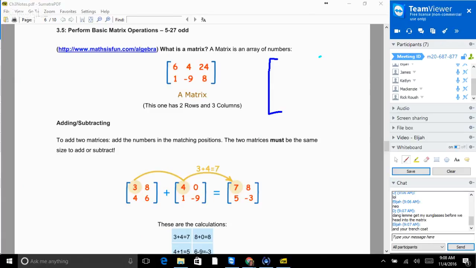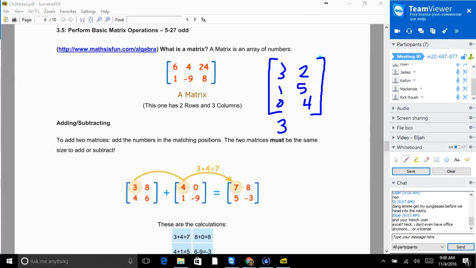So for example, if I had a matrix that looked like this, 3, 2, 1, 5, 0, 4, this particular matrix that I just drew has 3 rows. So this is a 3-row matrix, and it has 2 columns. So we call this a 3x2 matrix.